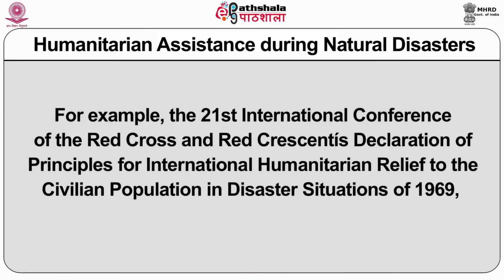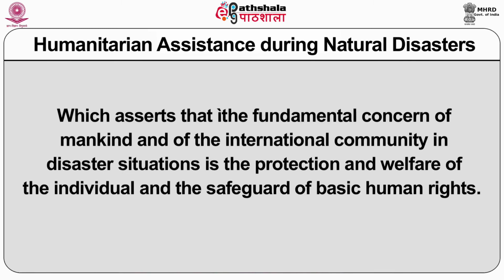For example, the 21st International Conference of the Red Cross and Red Crescent's Declaration of Principles for International Humanitarian Relief to the Civilian Population in Disaster Situations of 1969, which asserts that the fundamental concern of mankind and of the international community in disaster situations is the protection and welfare of the individual and the safeguard of basic human rights.